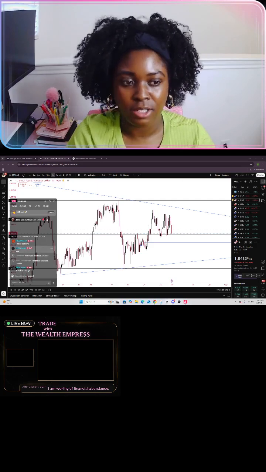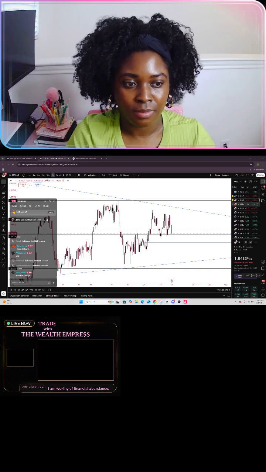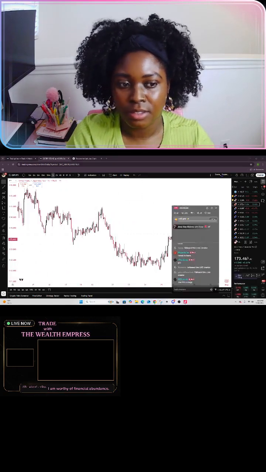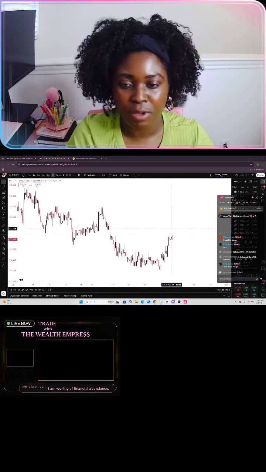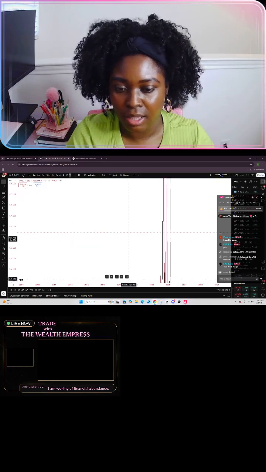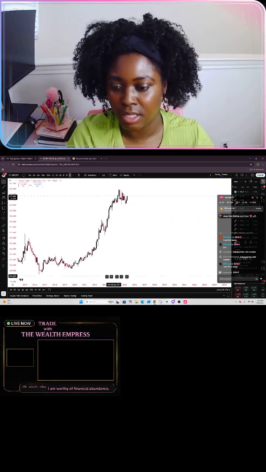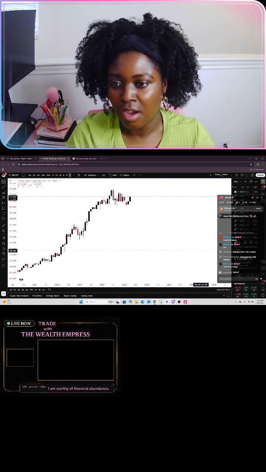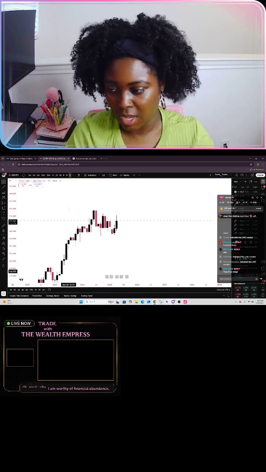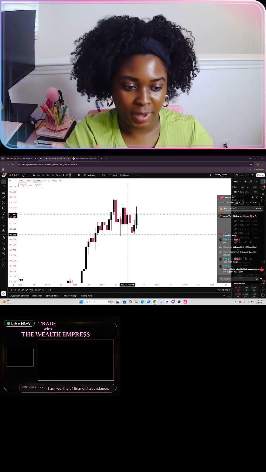Right, the range. All right, let's go to CHF JPY. We're going to look at the monthly and see where we are. Looking at this monthly, I guess this is another pattern that I do respect.